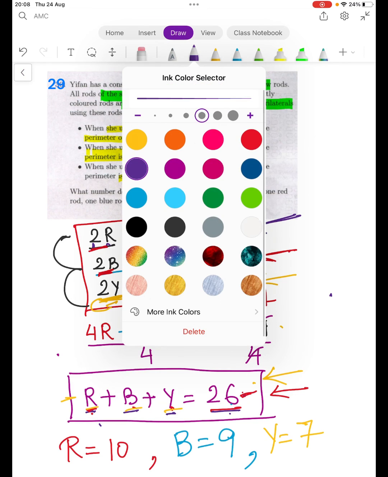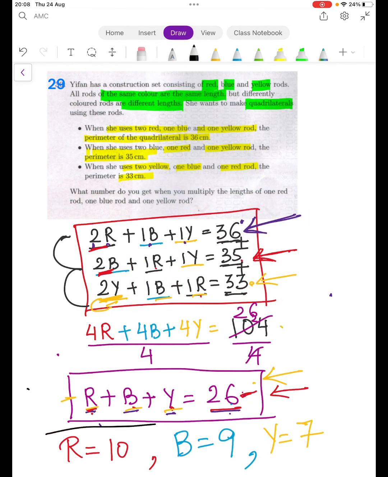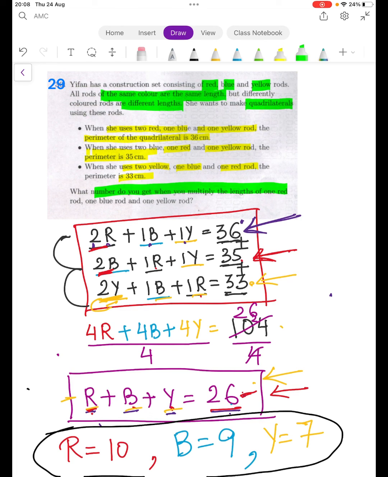So we found, actually, you can see we found the measurement for all our different colored rods. So red was 10 centimeters, blue was 9 centimeters, and yellow is 7 centimeters. Now let's read the question. What number do you get when you multiply the lengths of 1 red rod, 1 blue rod, and 1 yellow rod?